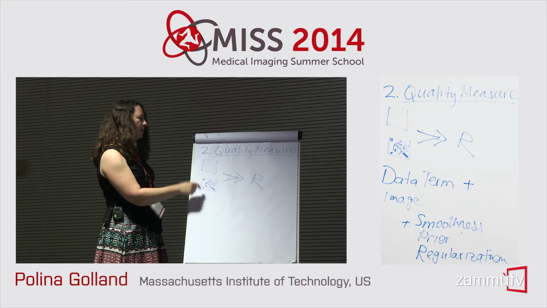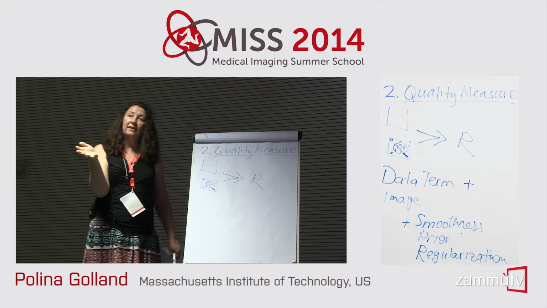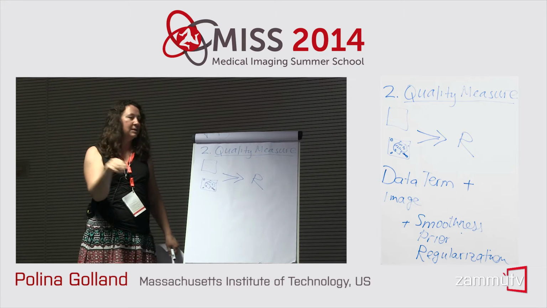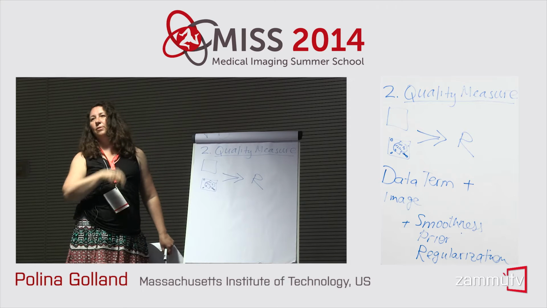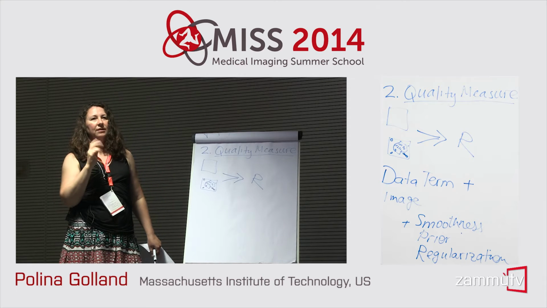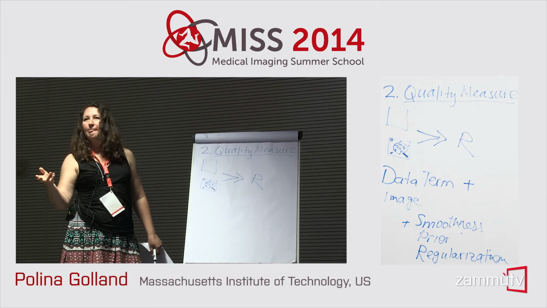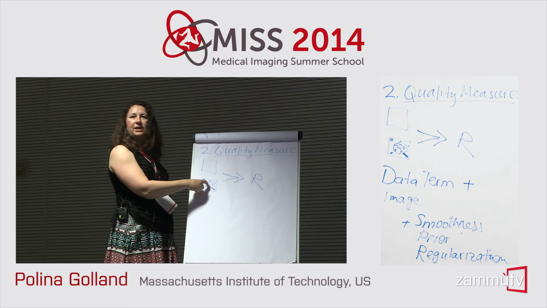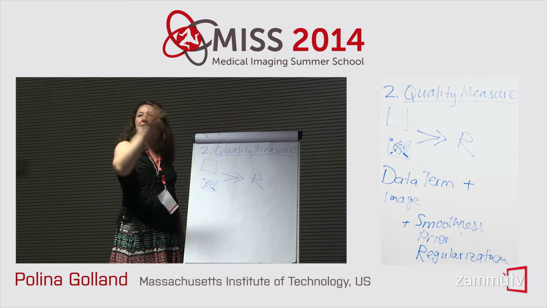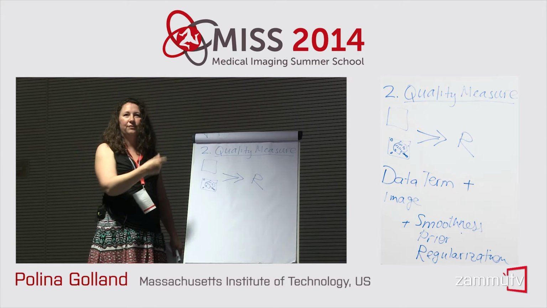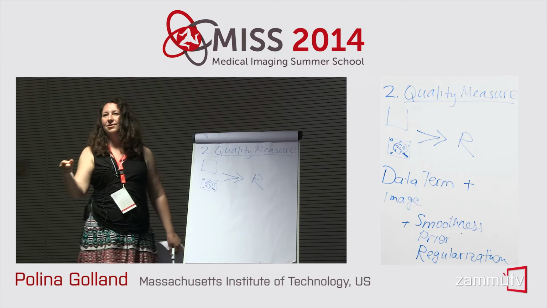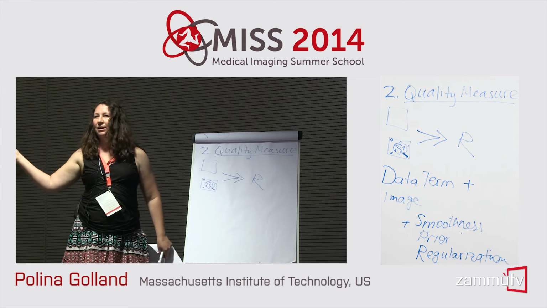So, okay, you have the quality measure. The other thing you could do for a quality measure is say, I've seen these objects before. I'm going to learn something about these objects, and then I'm going to measure whether your segmentation is similar to the objects I've seen before of this sort. I'm going to penalize you if this segmentation looks nothing like what I've seen before.